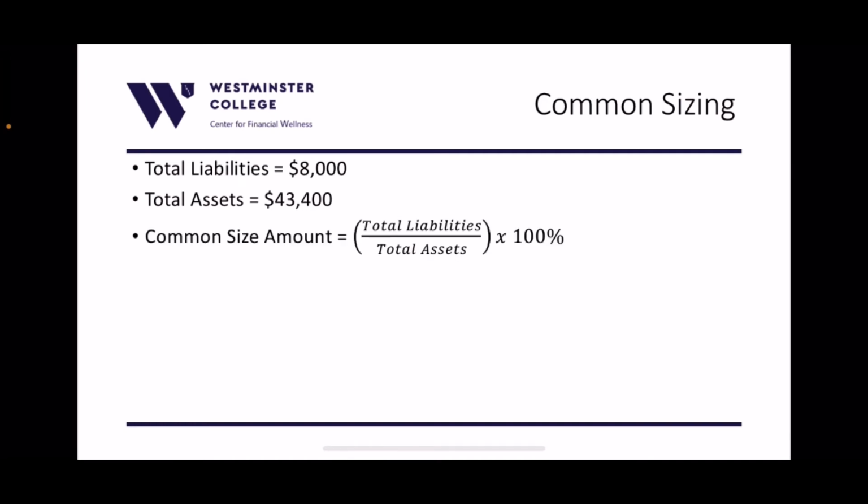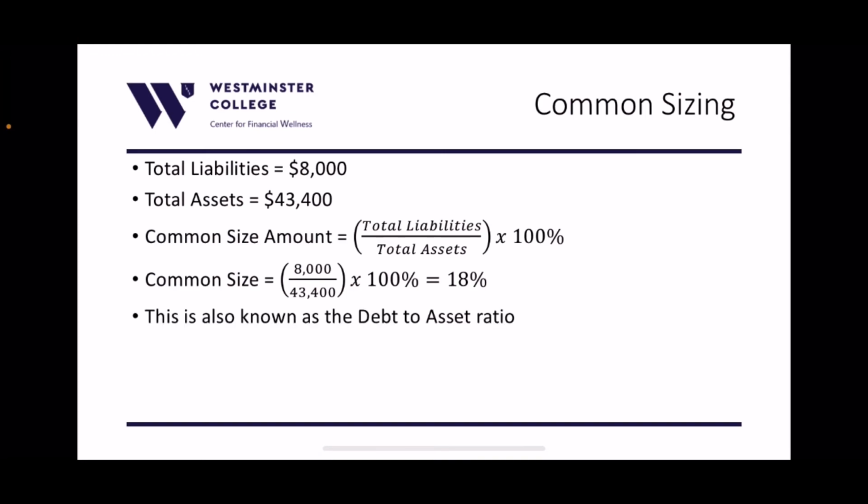And again, total liabilities will be our analysis amount, and total assets will be our base amount that we're using for common sizing. We multiply that by 100%, and we get roughly 18% for that common sized variable. And this ratio of our total liabilities over total assets, which we'll learn in our financial ratio analysis section, is our debt to asset ratio.